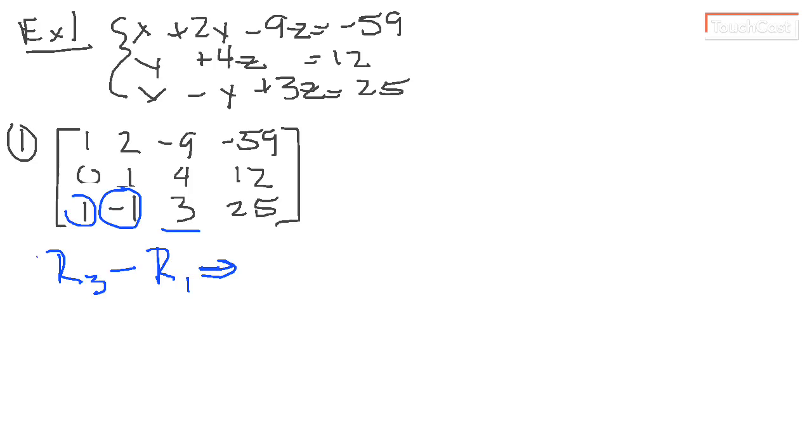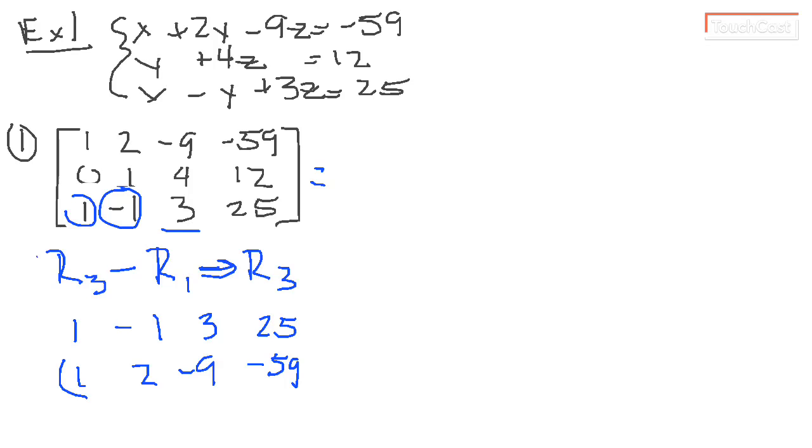And that's going to give me a new third row. So first, I'm just going to write my third row: 1, -1, 3, 25. And then I'm going to write my first row: 1, 2, -9, -59. And I'm going to subtract the entire first row from the third row.